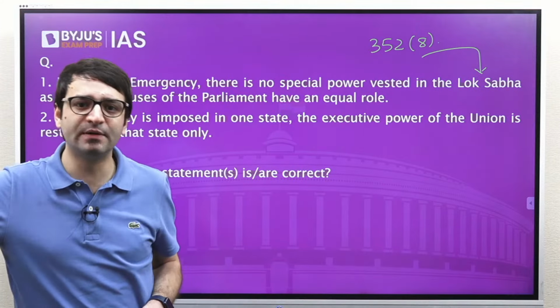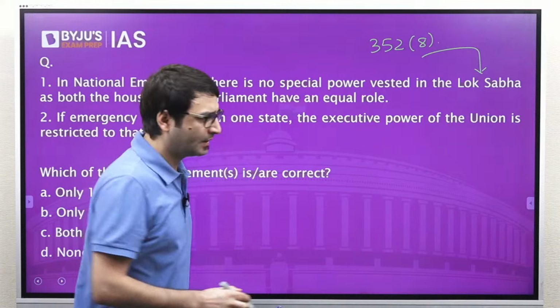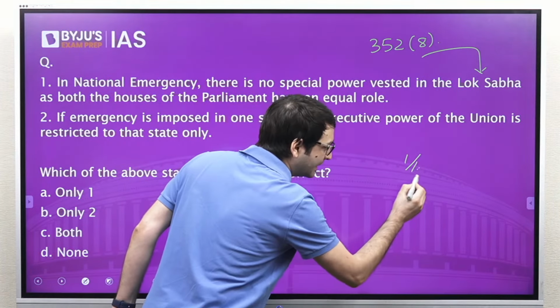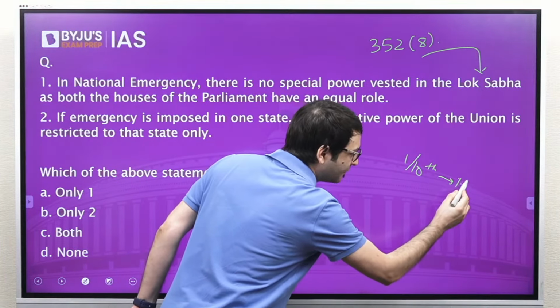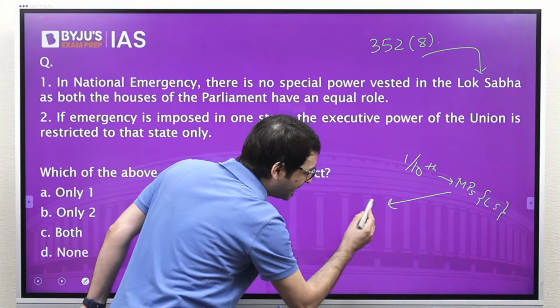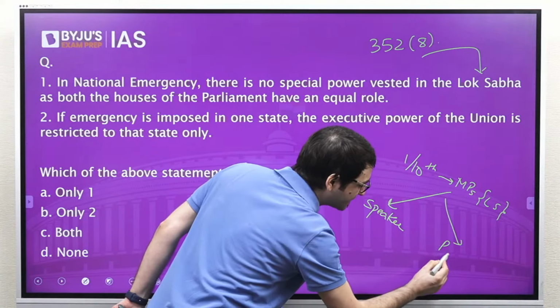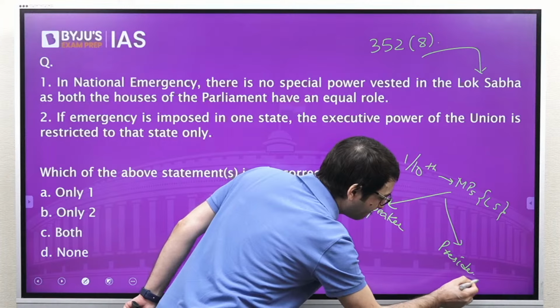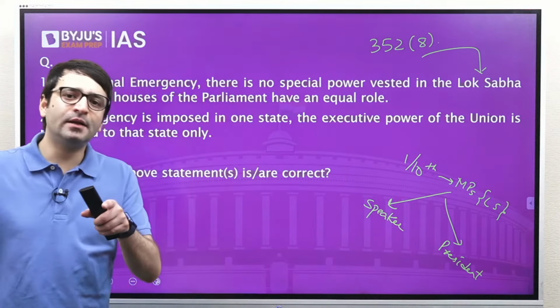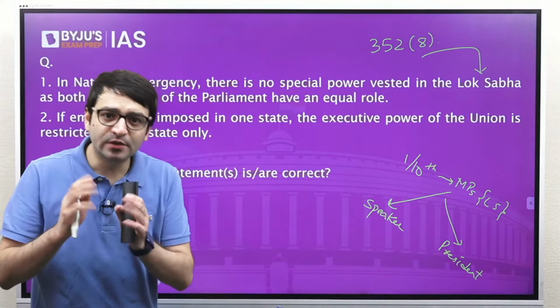And what is that special power? If 1/10 of the members of Lok Sabha, 1/10 of the members of parliament belonging to Lok Sabha, if they write to the speaker or if they write to the president, when can Lok Sabha MPs write to the speaker? If Lok Sabha is in session.